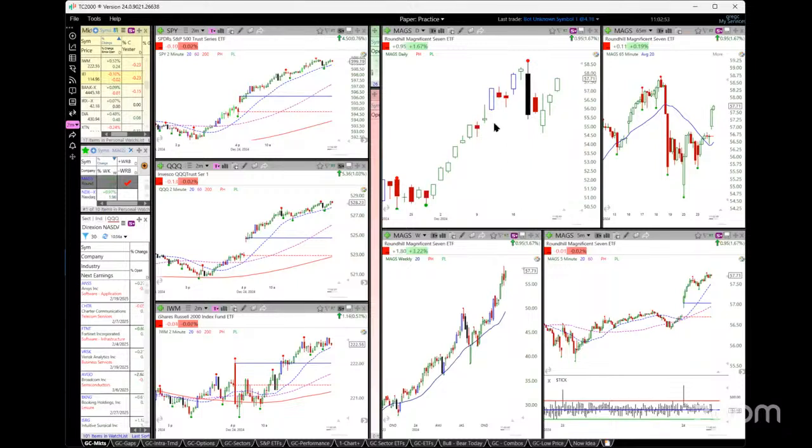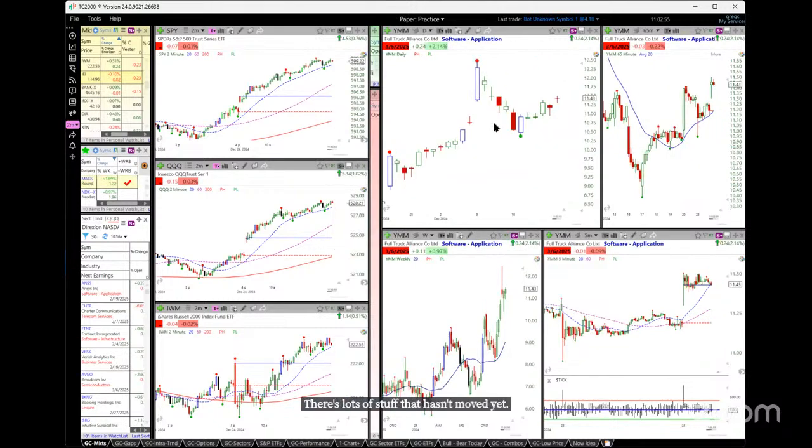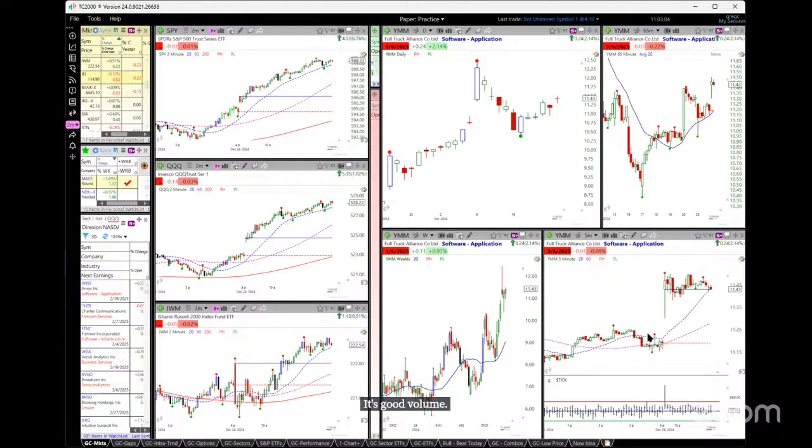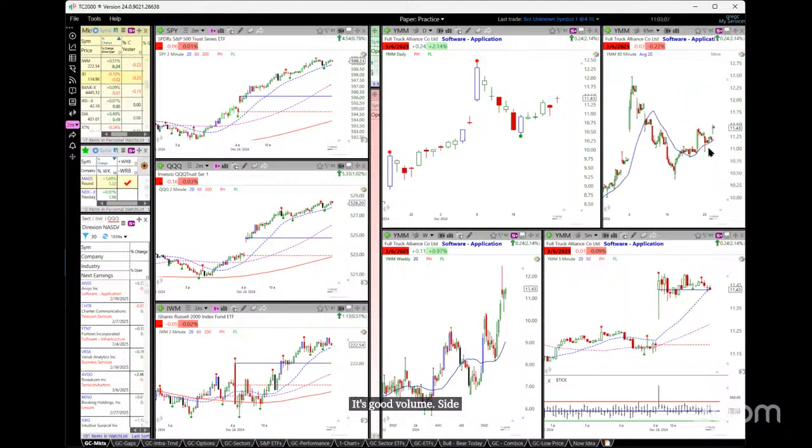There's lots of stuff that hasn't moved yet. Look at the volume on this. Trades good volume. Sideways. It's got room to go up.